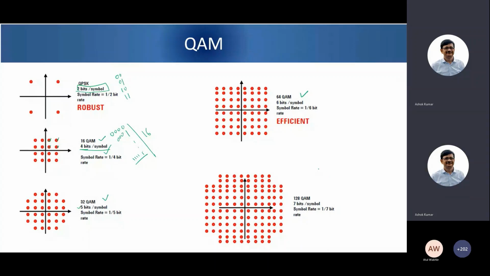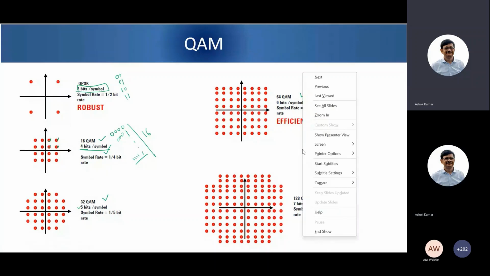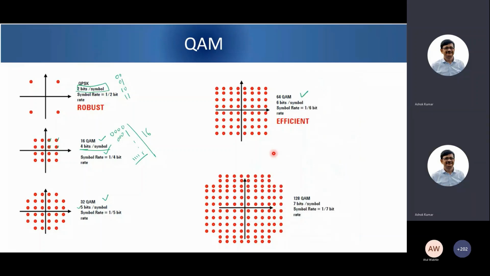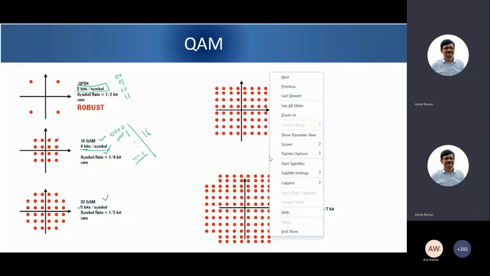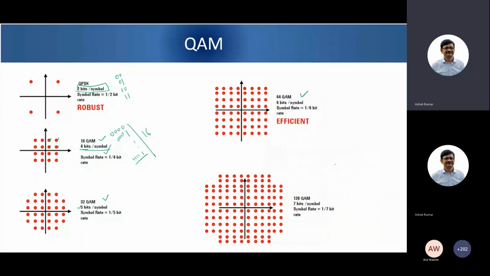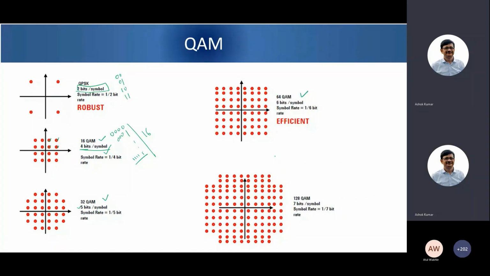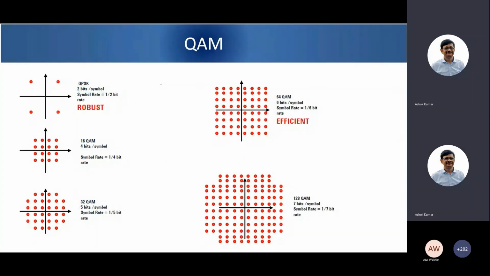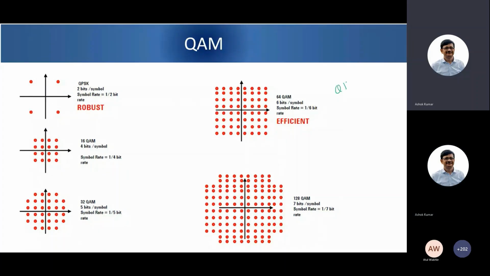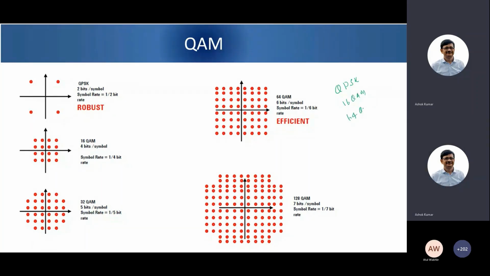So okay, here my question is to all of you. Most of you are from engineering institutes. When I told you which QAM is being used in 5G, I told you that we can use QPSK, 16 QAM, 64 QAM, and 256 QAM.